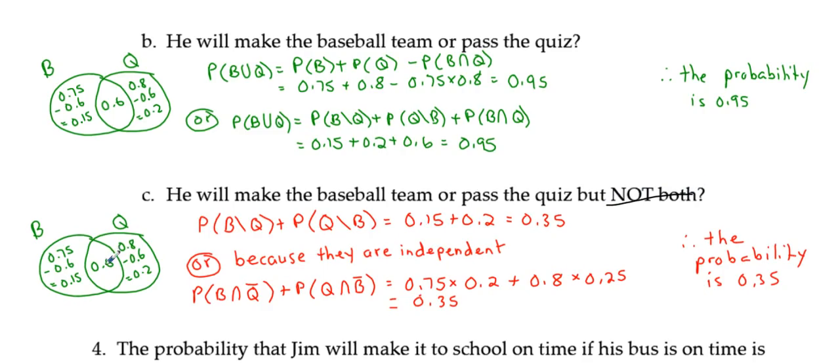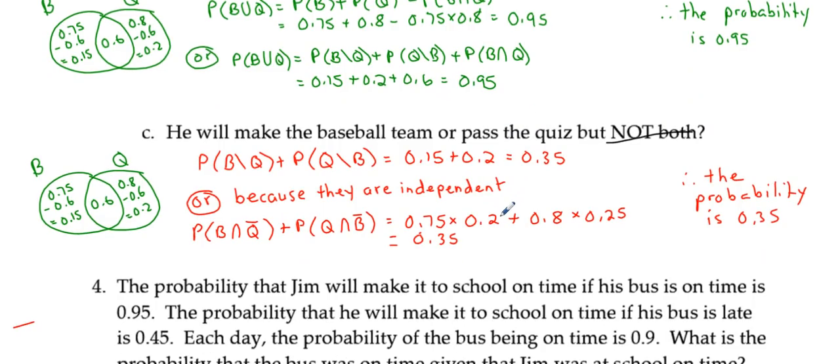So you do not want to include that 0.6. But because these events are independent, you can use multiplication. So you could take this 0.15 could be found by making the basketball team and not passing the quiz.